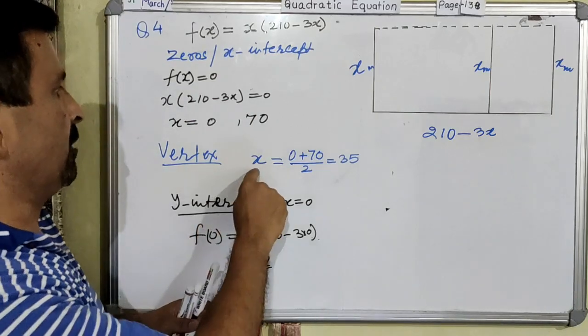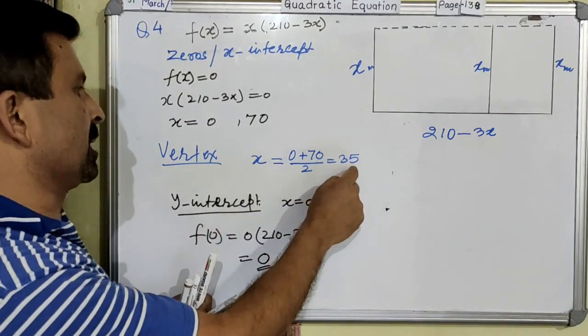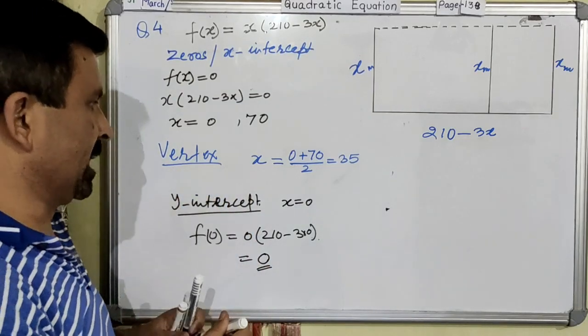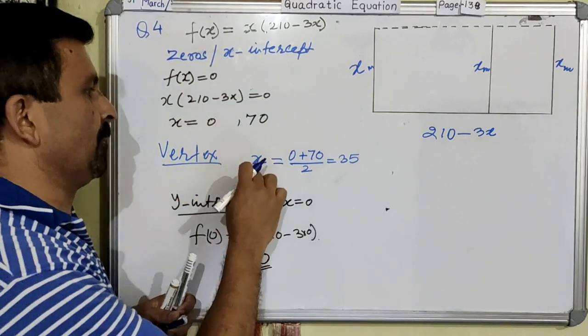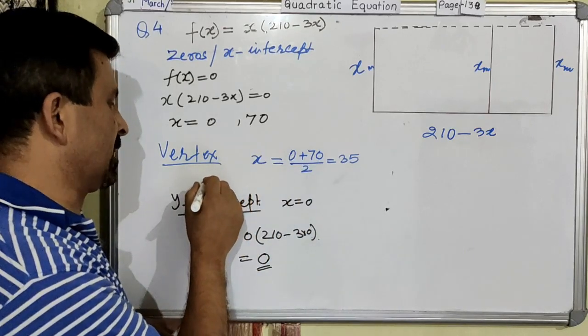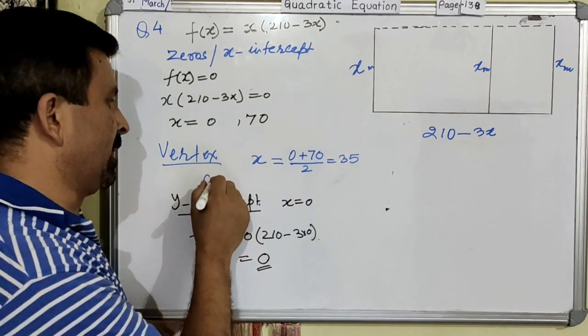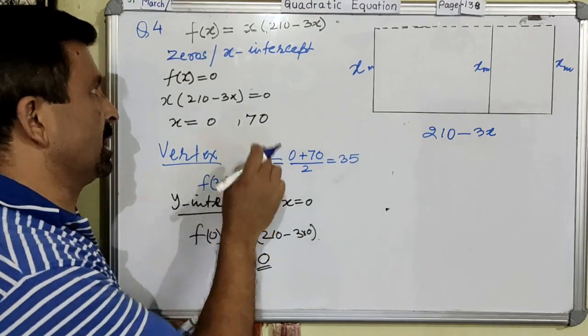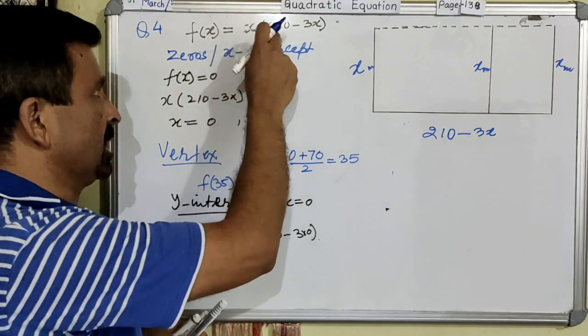Sorry, here we calculated the vertex, and for the vertex we have to find the value of y. We calculated only the value of x. I'm sorry, let us calculate the value of y at 35 by putting it in the main function. The main function is here.